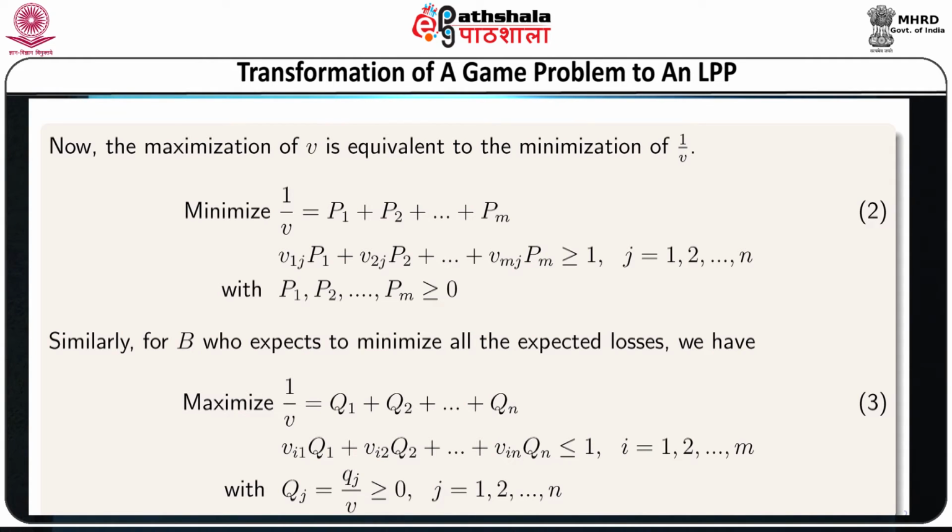Here we assume capital Qj is equal to small qj by V, which is greater than or equal to 0.